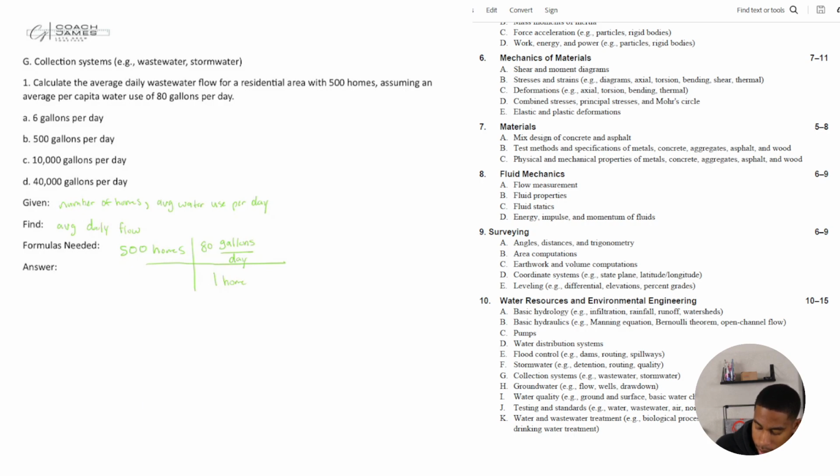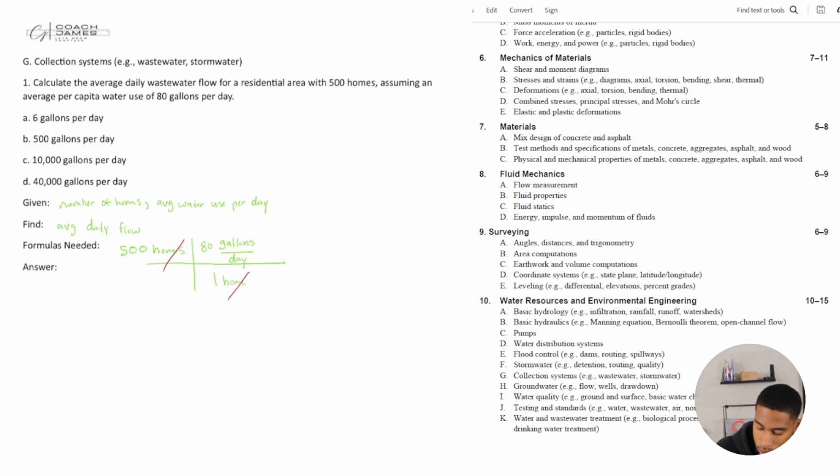So to take care of all these homes, we're going to need to multiply 80 times 500. And so that's going to get rid of the homes unit, and it's going to leave us in gallons per day, which is what we need to get our answer in, to get our flow.